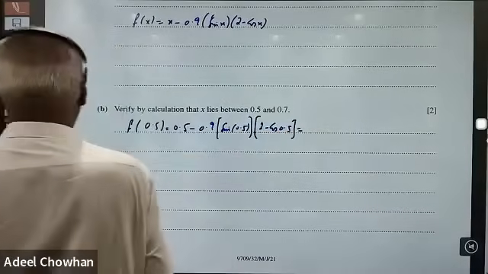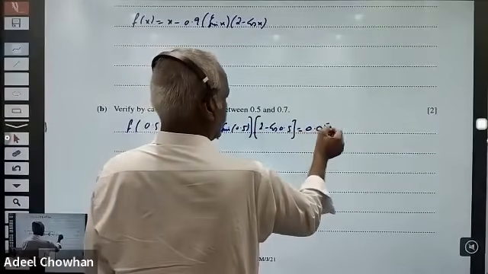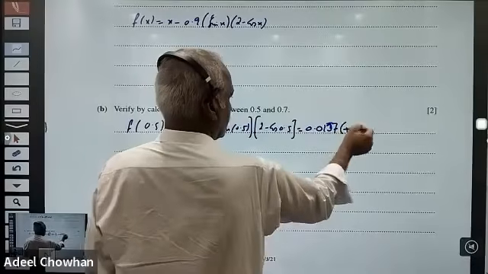And this value is equal to 0.57, which is a positive value.